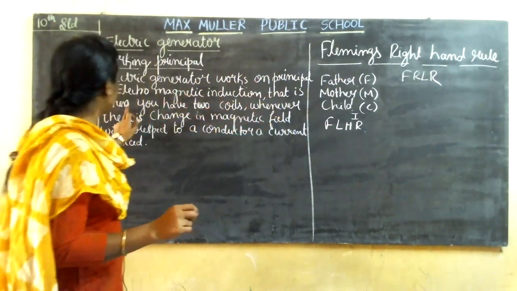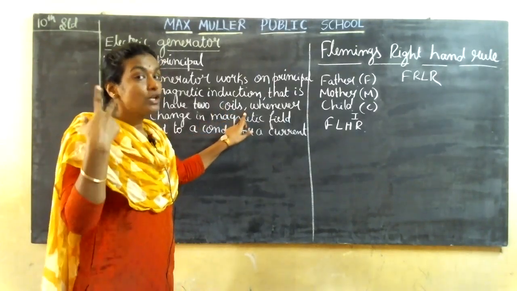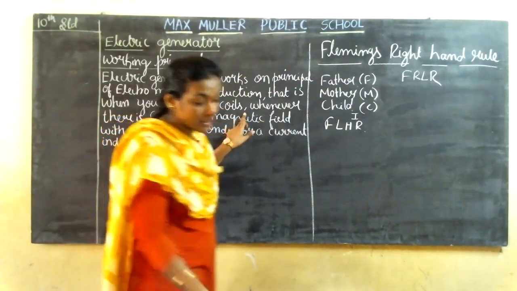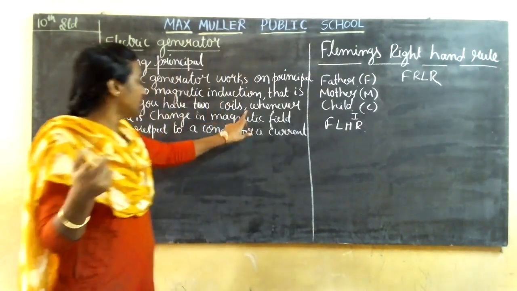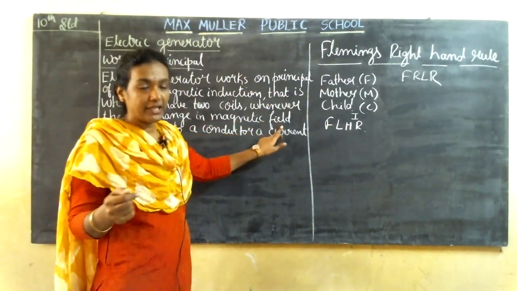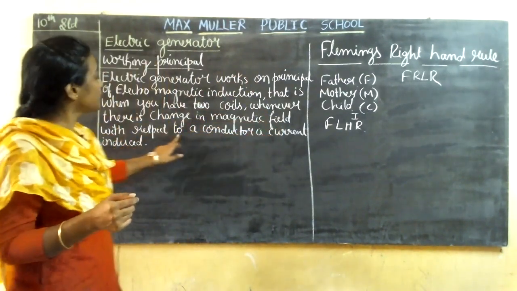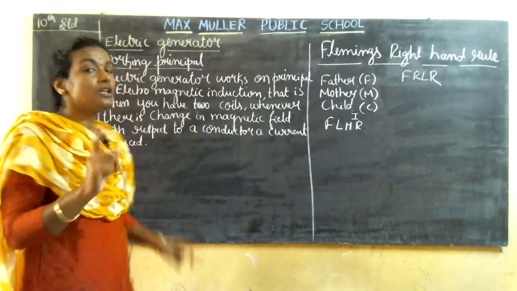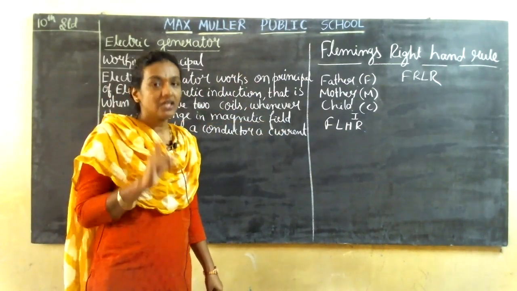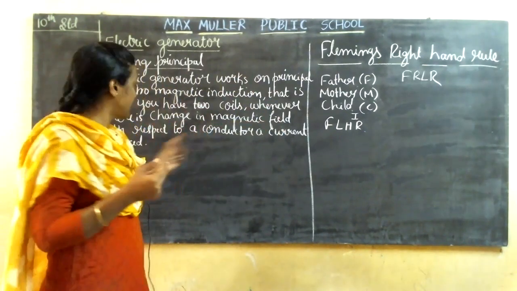That is when you have two coils. Here you have two coils. Let me draw the diagram later. Whenever there is a change in a magnetic field with respect to a conductor, a current is induced.